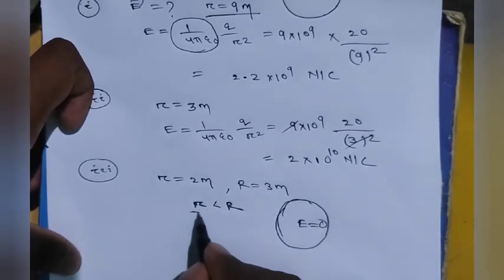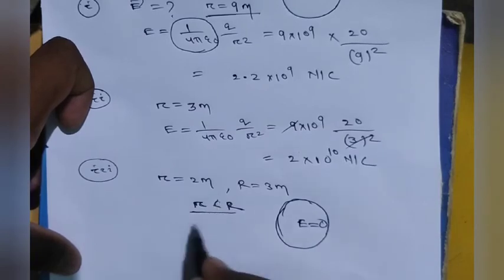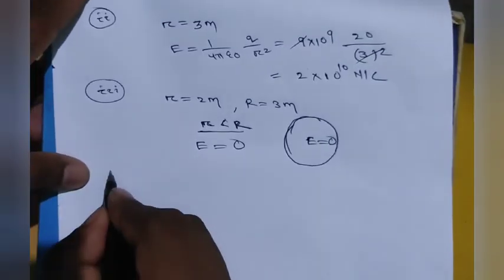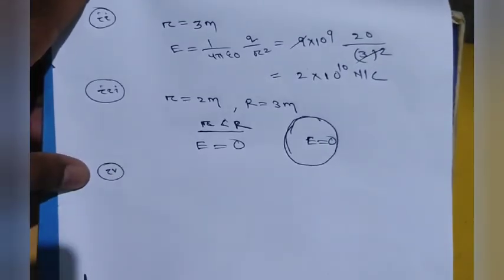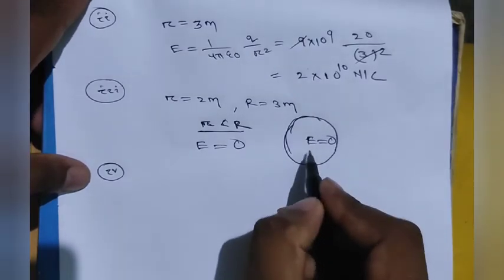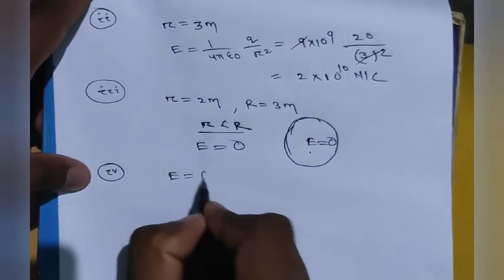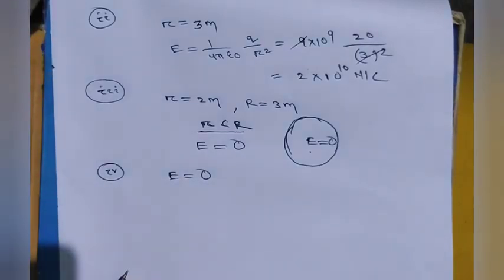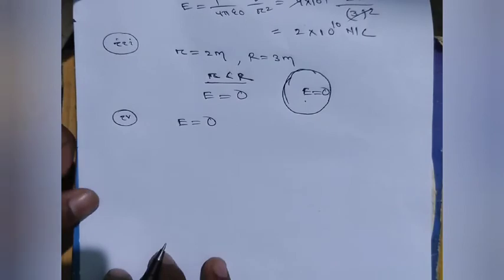So since r is less than R, the electric field will simply be 0. Similarly, in the fourth point it is given to find the electric field at the center. Center means inside, so the electric field will also be 0 at the center of the spherical conductor. Is it clear? Now I shall go to the next question.